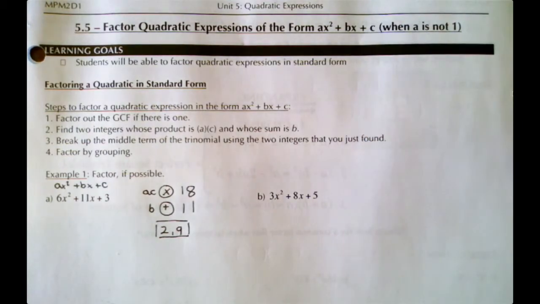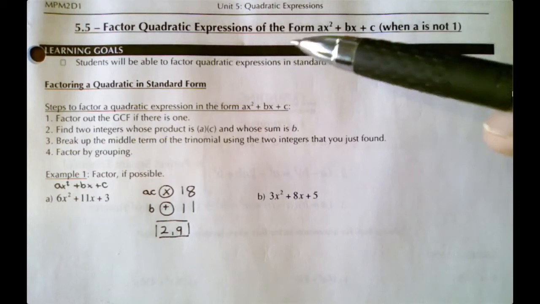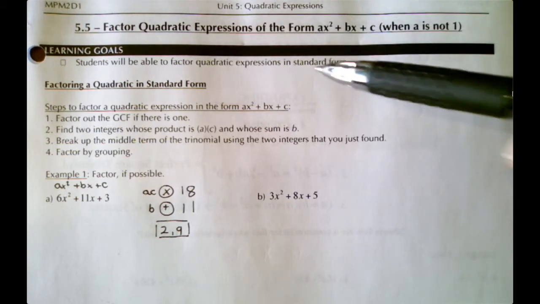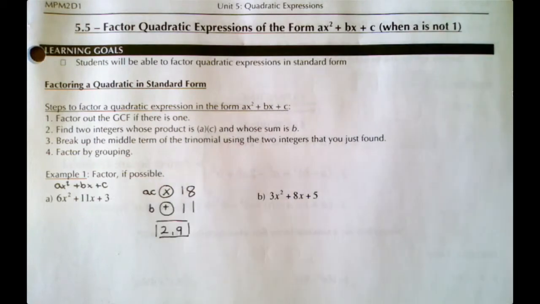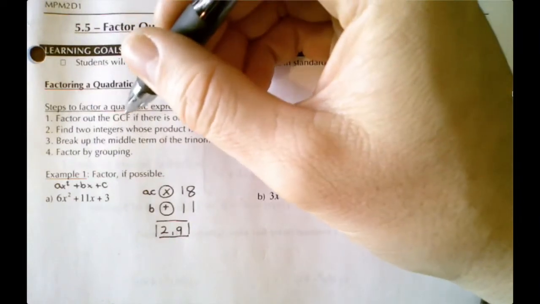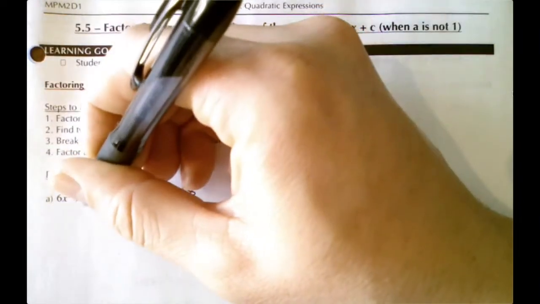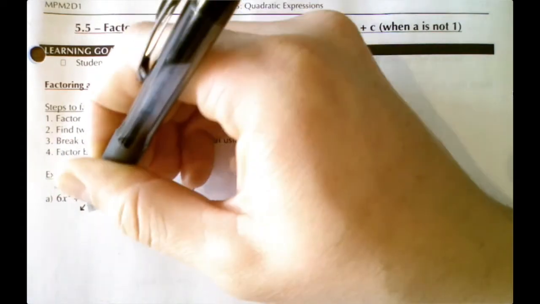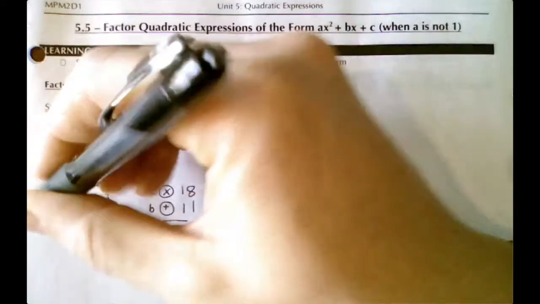Now, we can't go right to brackets and say x plus 2, x plus 9, because that doesn't work. That wouldn't be the factored form of our trinomial. But what this allows us to do is use a process called decomposition. Decomposition means to break down. So we break down this middle term into two terms.